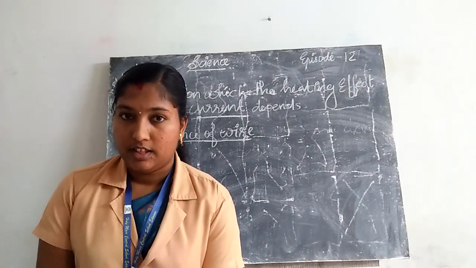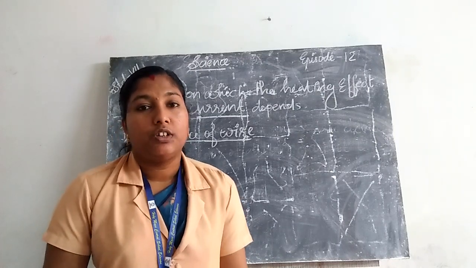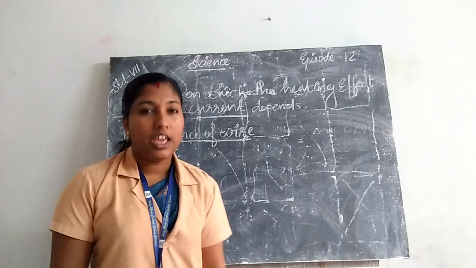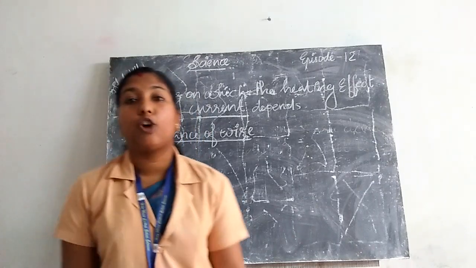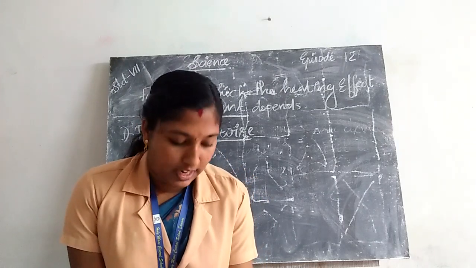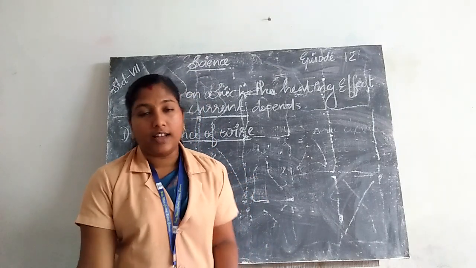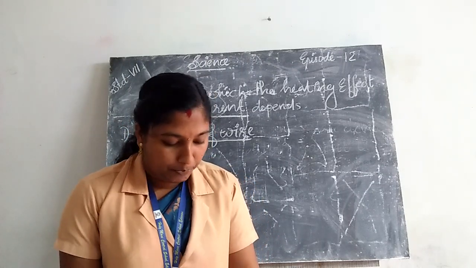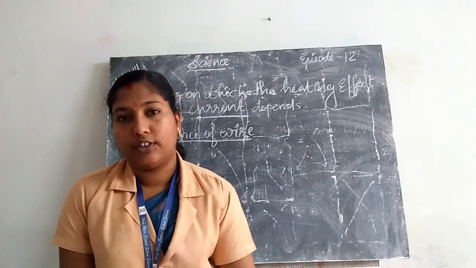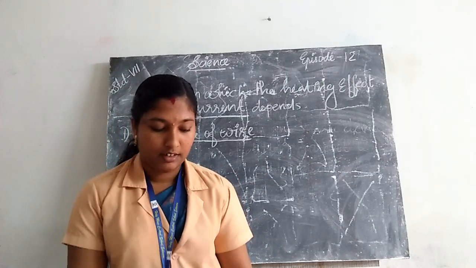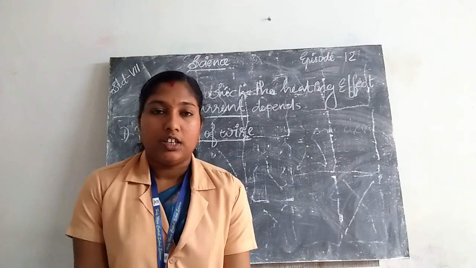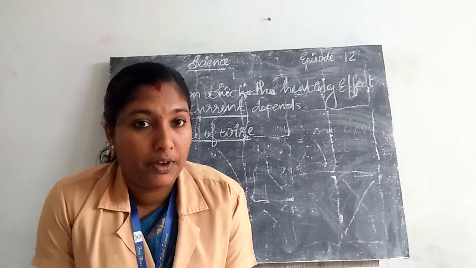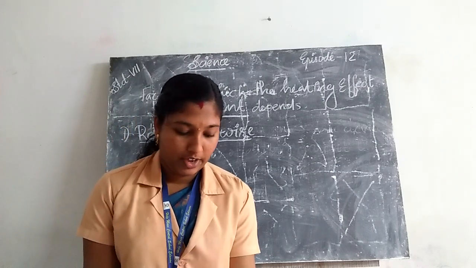For example, if we choose two wires of copper and nichrome of equal length and thickness, and we pass an equal amount of current through them for the same duration, then we can find that the nichrome wire will become hotter in comparison to the copper wire.